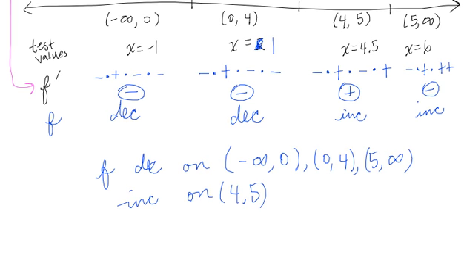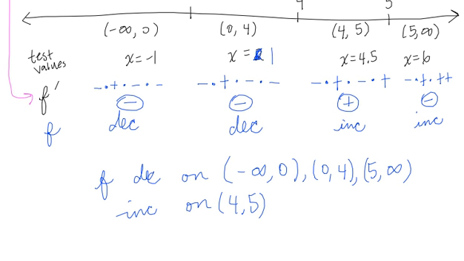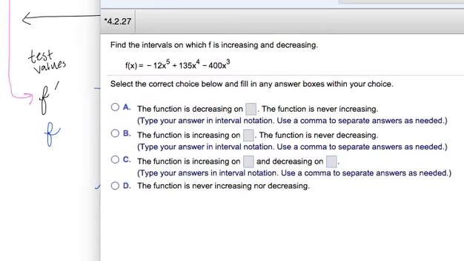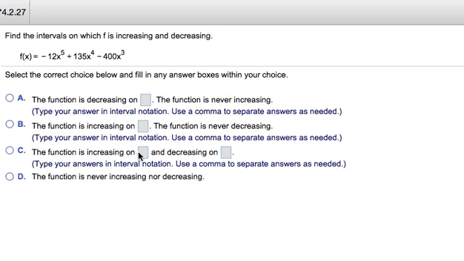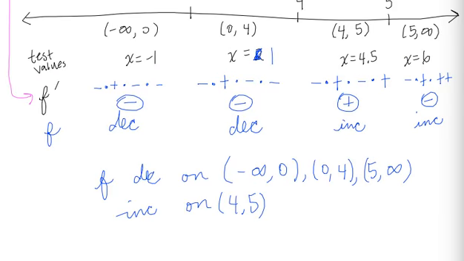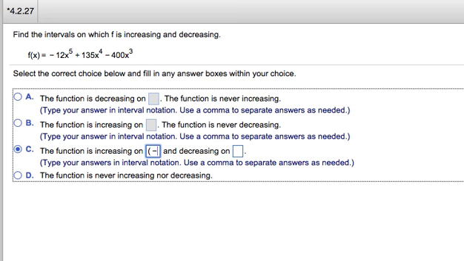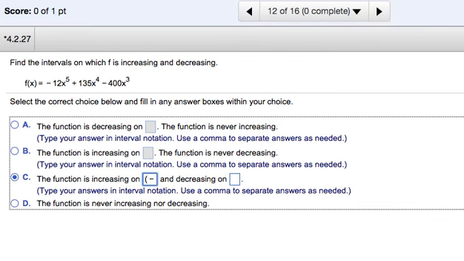But let's go over to my math lab here, if I can find it. Where's this problem? Here it is. Okay, so what did I say? Negative infinity to 0, 0 to 4, and 5 to infinity.